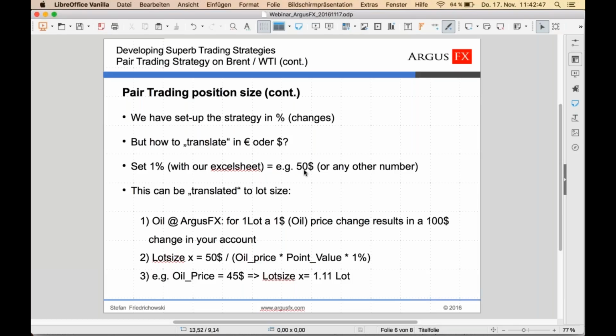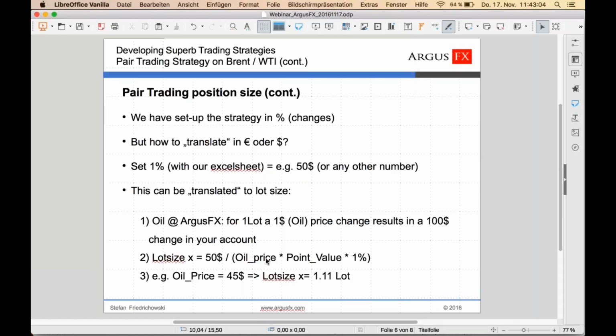And that was our desired result, that everything which is related to a 1% change should translate to a $50 change in our account. And that would mean we should trade 1.11 lot.